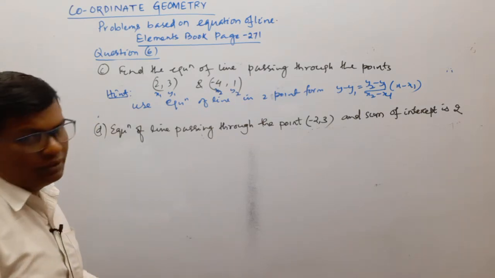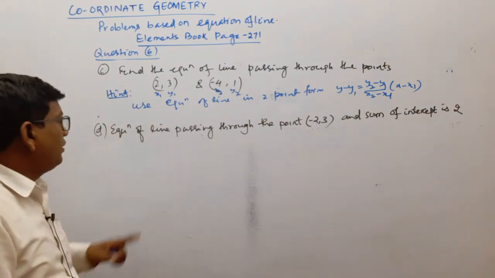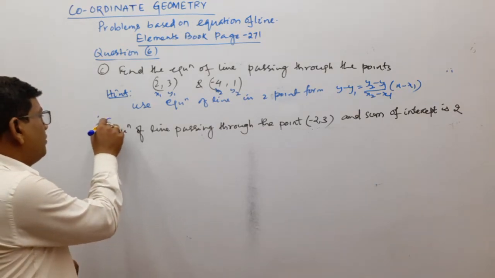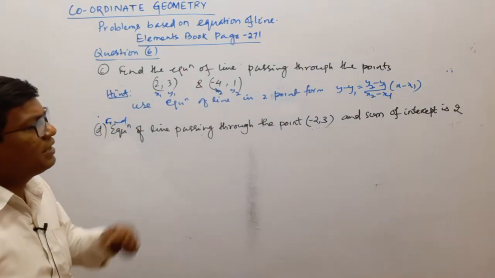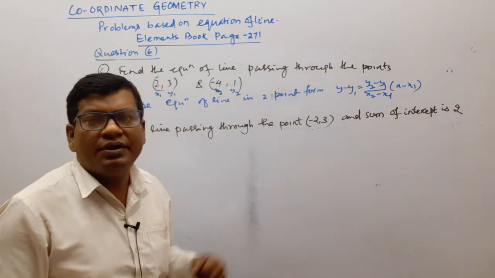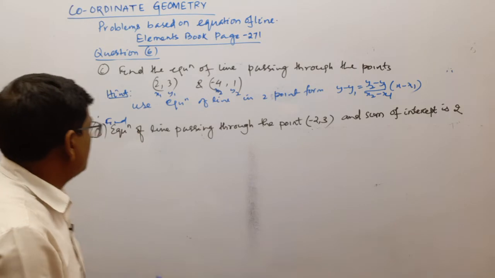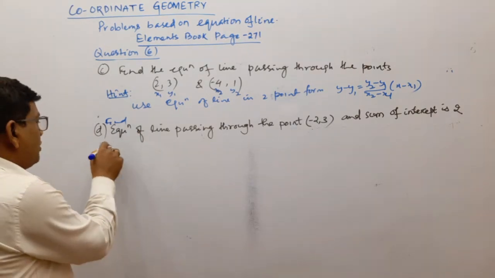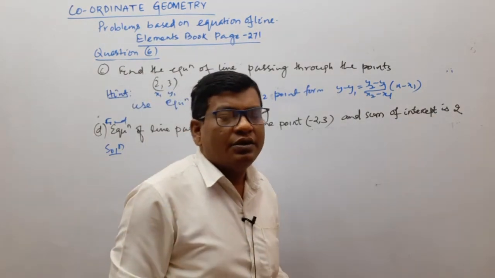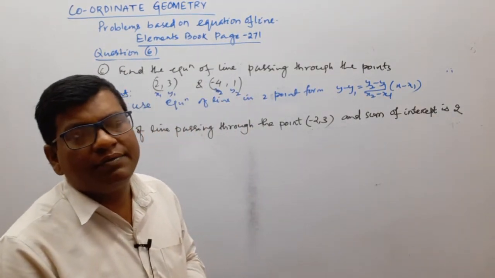Now question, find the equation of line passing through the point minus 2 comma 3 and sum of intercept is 2. That is the solution. Sum of intercept is 2 means x intercept plus y intercept is equal to 2.